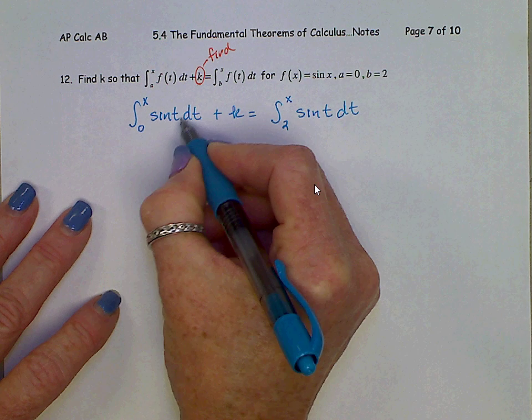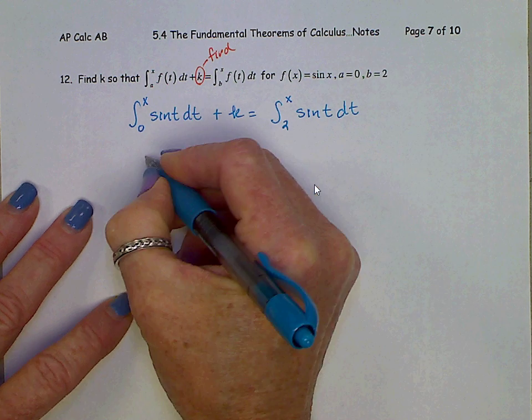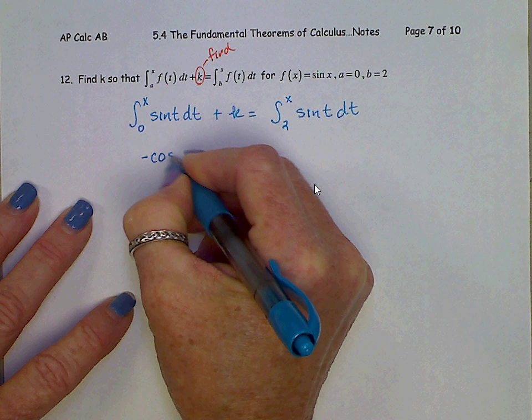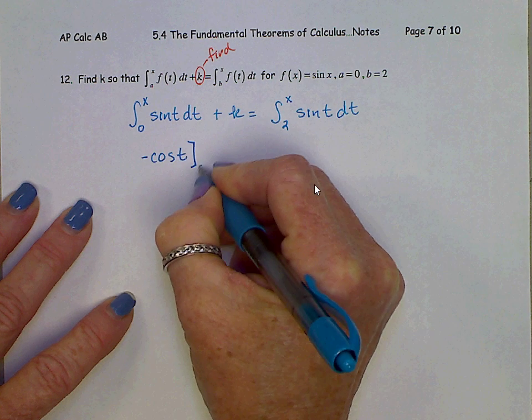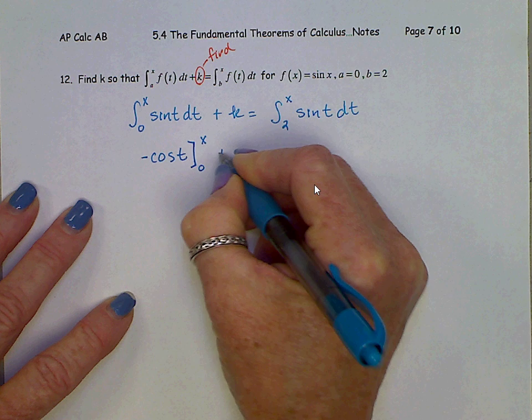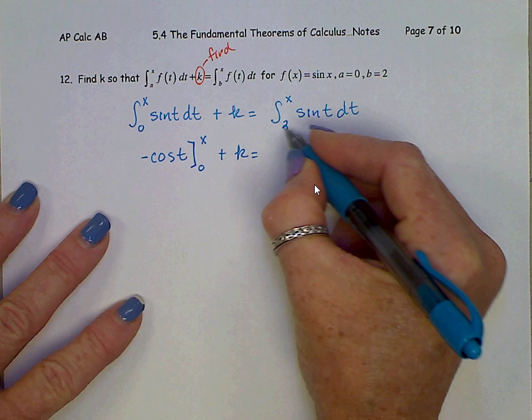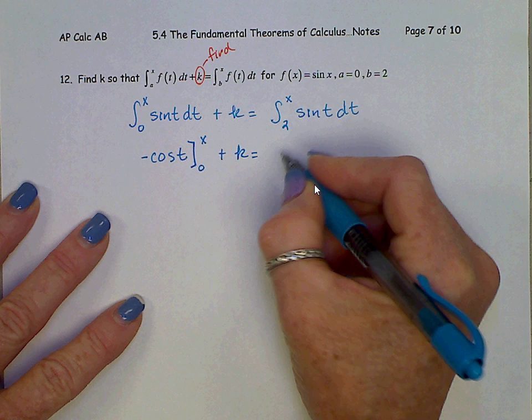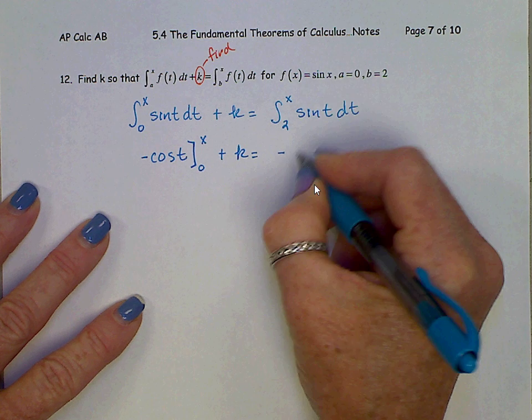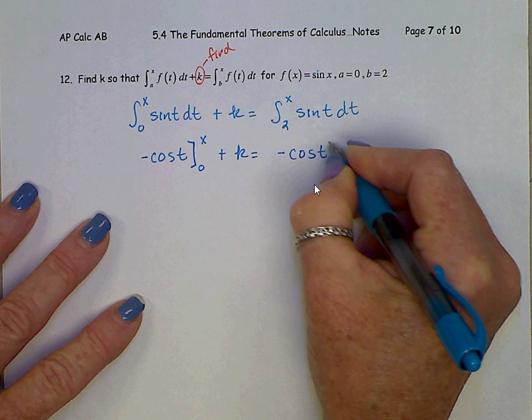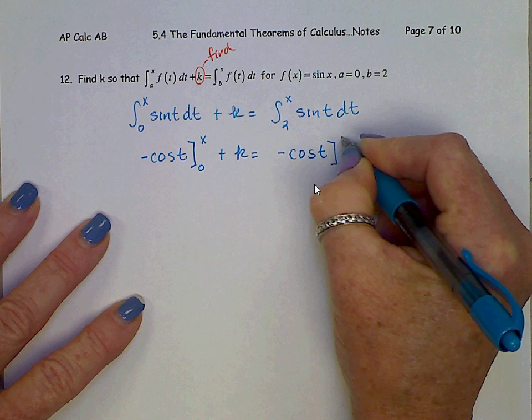So the antiderivative of a sine is negative cosine. So we have negative cosine t evaluated from 0 to x plus k is, and then over here, same thing, evaluate this integral. So that's the antiderivative of sine t is negative cosine t evaluated from 2 to x.